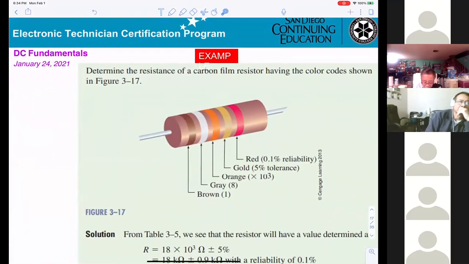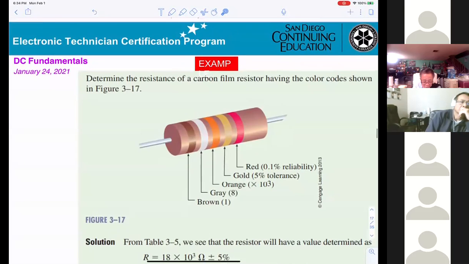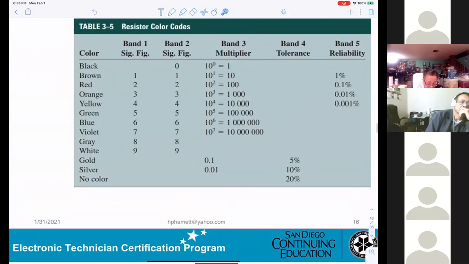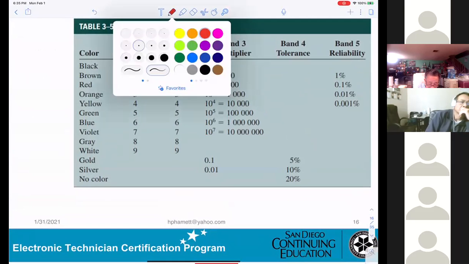Now, they have given you this resistor here. They say determine the resistance of a carbon film resistor having the color code: first brown, gray, orange, and then the tolerance. So in order to do it, first you look for brown. Brown here will be 1. You see here.